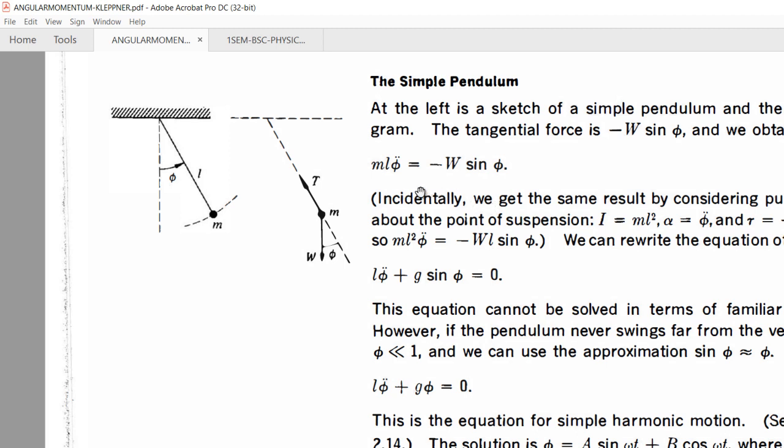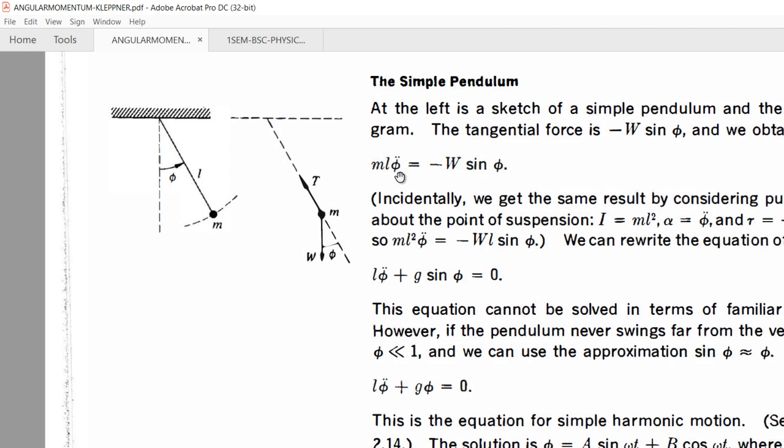So first is the tangential force, minus W sin phi, that is the force which is acting. That minus W sin phi is given by m L d square phi by dt square. This is obtained by F is equal to ma. The net force is W sin phi, but it is in the opposite direction, so it is a minus.